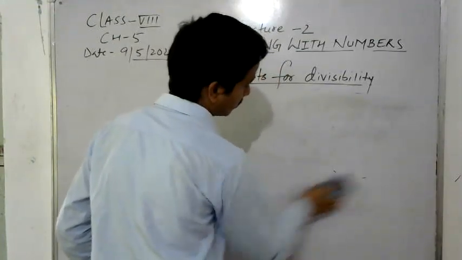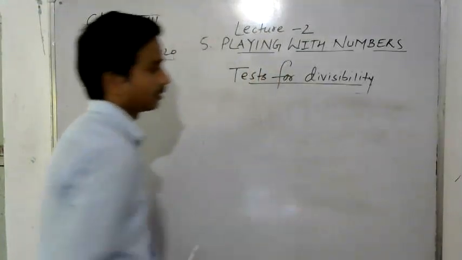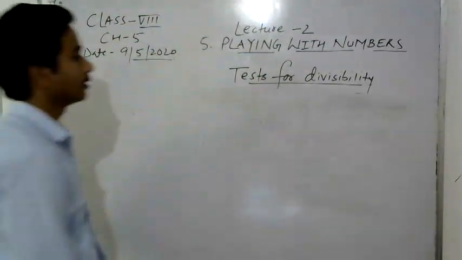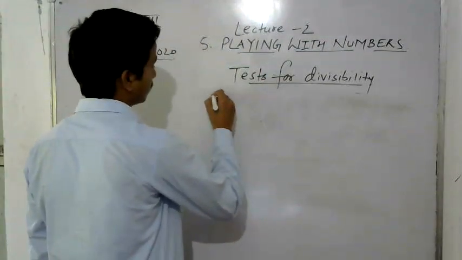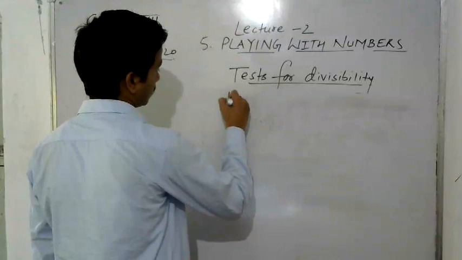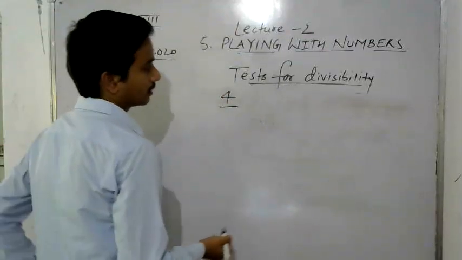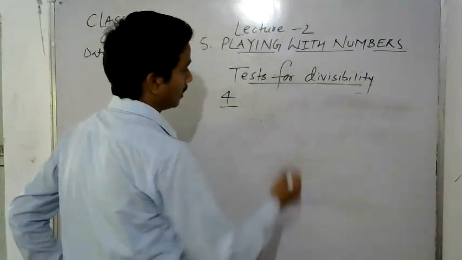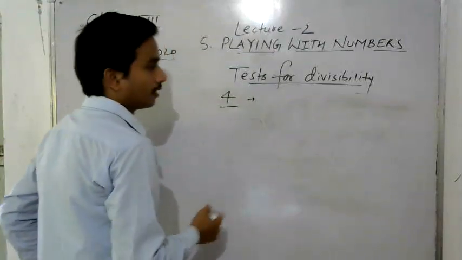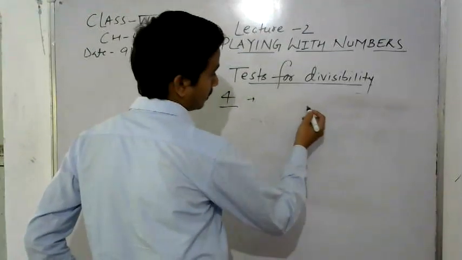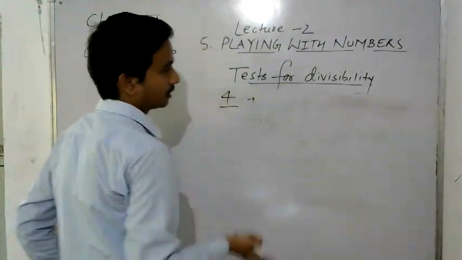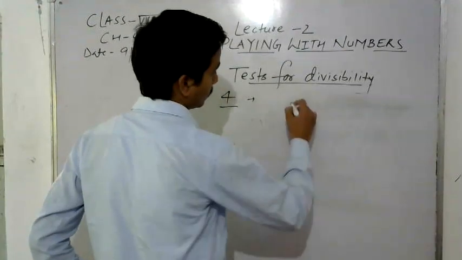Now we will see divisibility by 4. How can we check whether a number is divisible by 4? If the last two digits of any number are divisible by 4, then we can say that the number is divisible by 4.